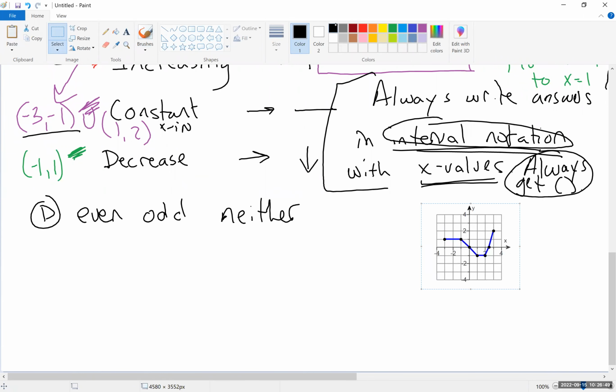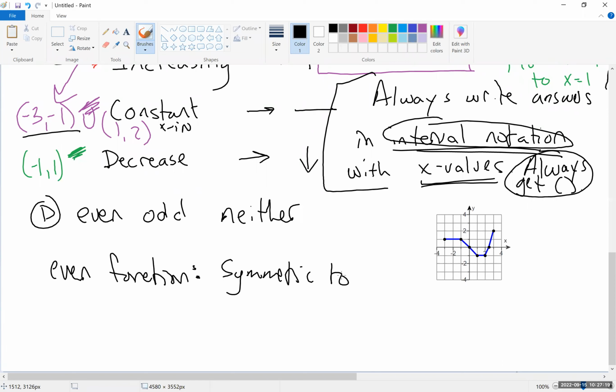An even function. So anytime it's an even function, you're going to have symmetry to, if it's an even function. I need to write this out so it's super clear, not only somewhat clear. All right, so an even function. All right, it's symmetric to the y-axis. Okay, that means if you fold it over the y-axis, it lands on top of itself.